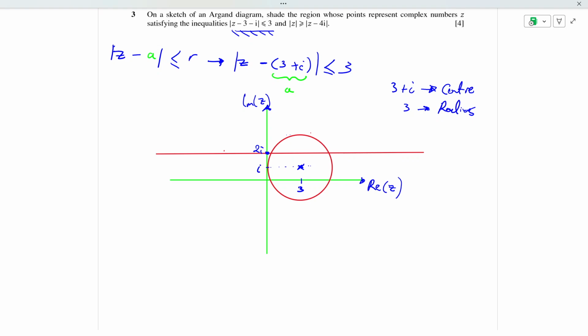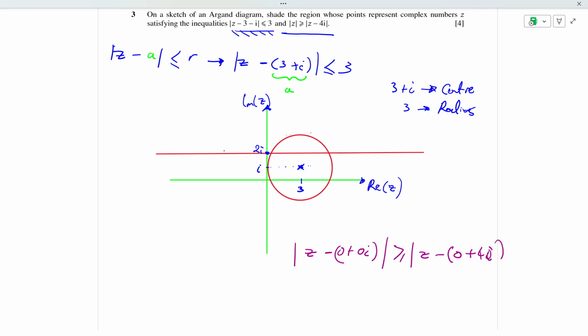Because look, for example, right here, you have to rewrite it as z minus 0 minus 0I, that is greater or equal to z minus 0 plus 4I.